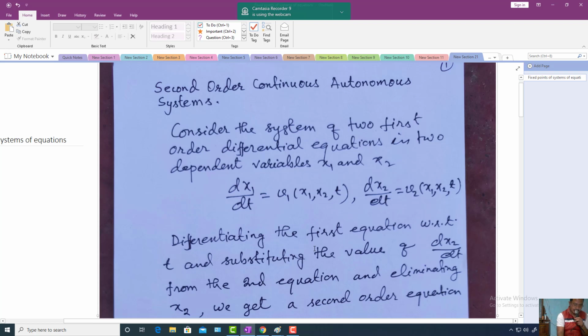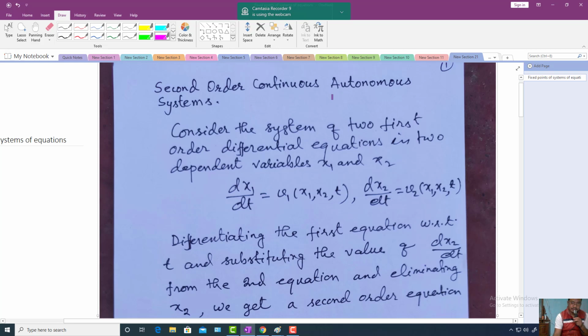So here, when a second order differential equation is represented by a system of two first order differential equations, there are two variables, x, y, or x1, x2. Those are dependent variables, and the independent variable is the time t. If the independent variable is not involved, then we know the system is autonomous.